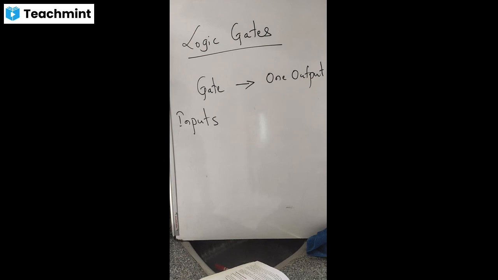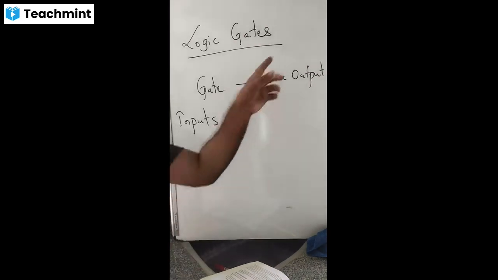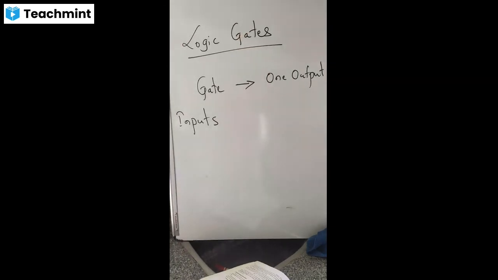So in general, a logic gate is one in which we get one output depending upon the inputs fed. Depending upon whatever we have fed inside the gate, the gate performs some logical functions.